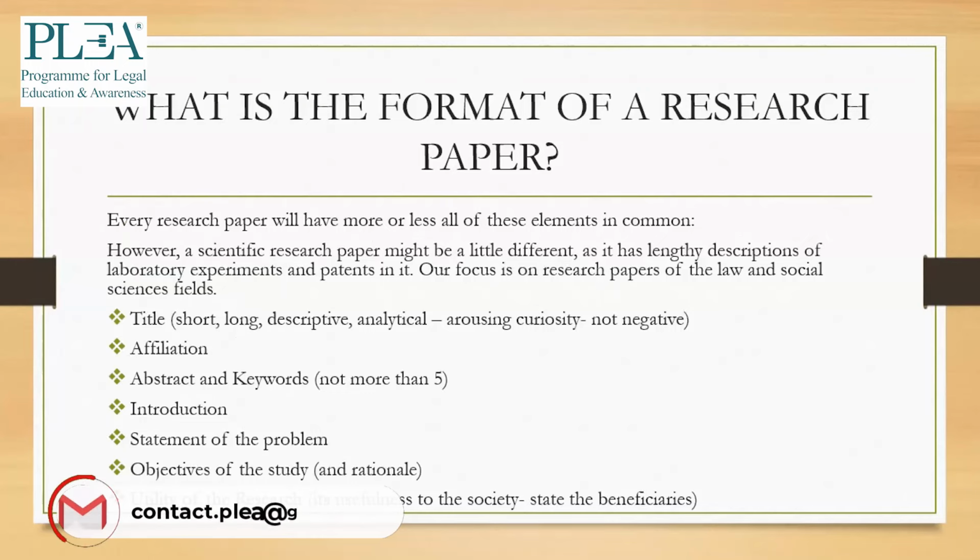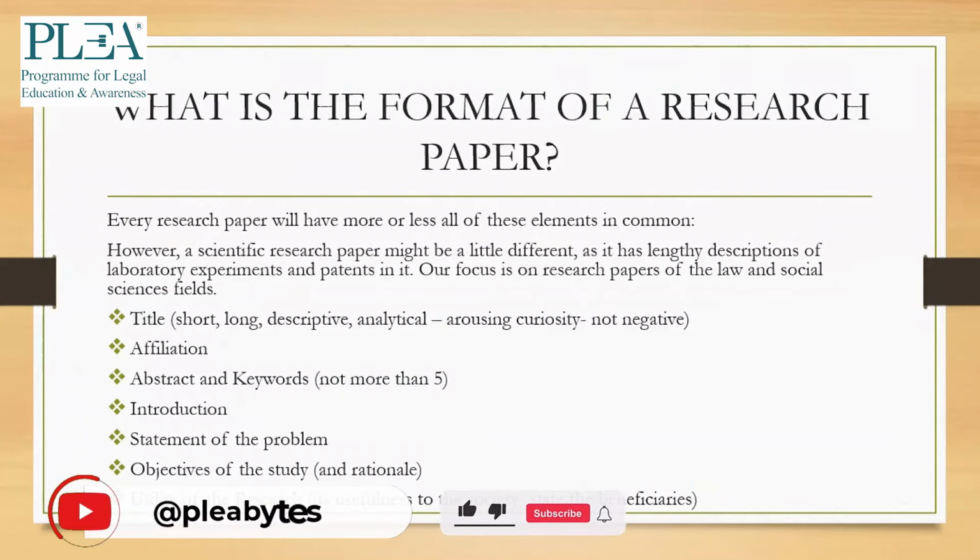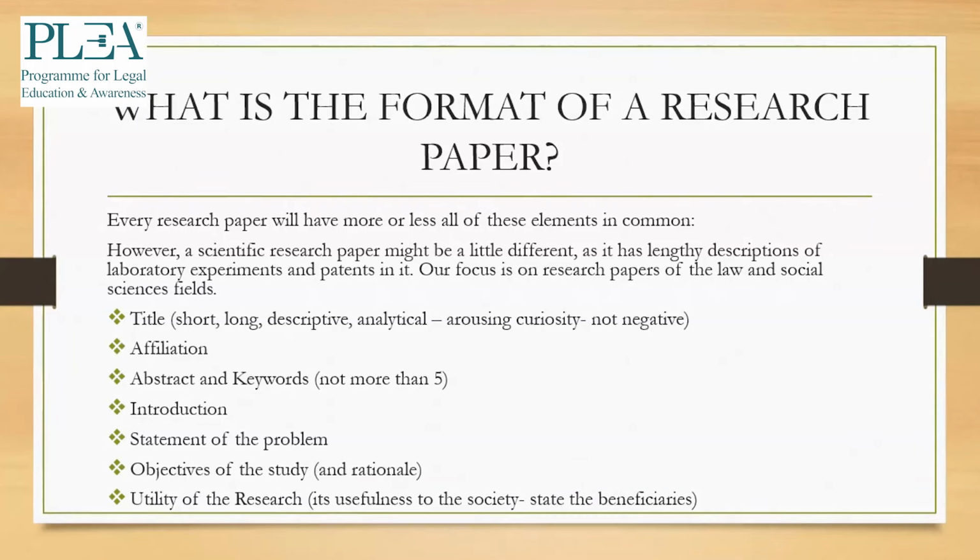So, welcome back, everyone. Today, we are going to focus on the format of a research paper. We are going to look at the different elements of a research paper, how to write a good research paper, what should be the flow of a research paper. Along with that, we'll also go through plagiarism. I think we just spoke about it yesterday a little bit. So, what is plagiarism?